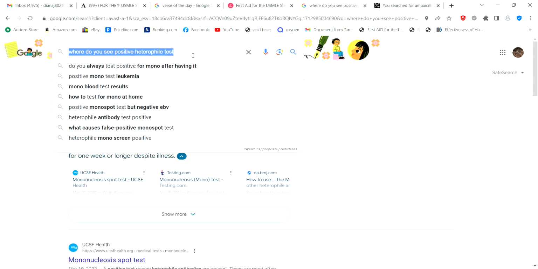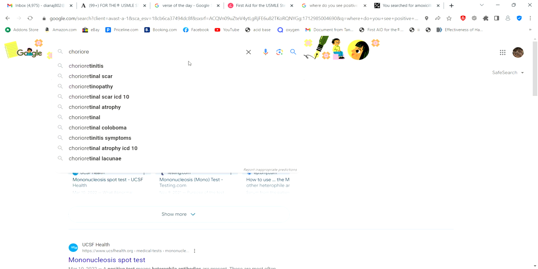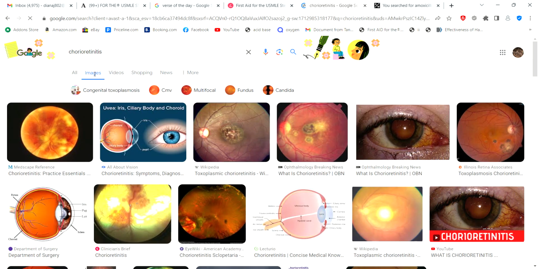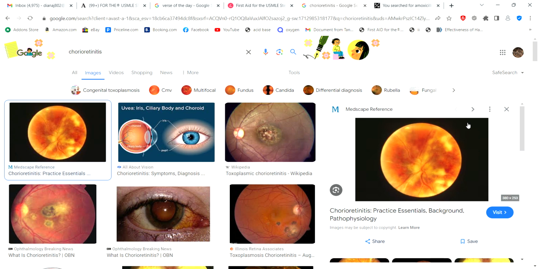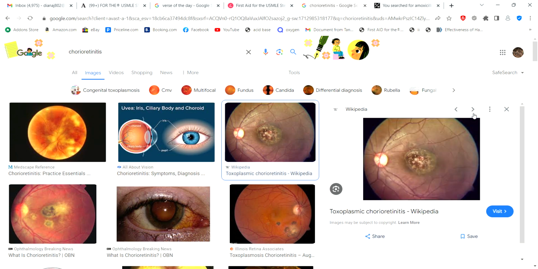Chorioretinitis is a type of uveitis that causes inflammation of the choroid and retina.